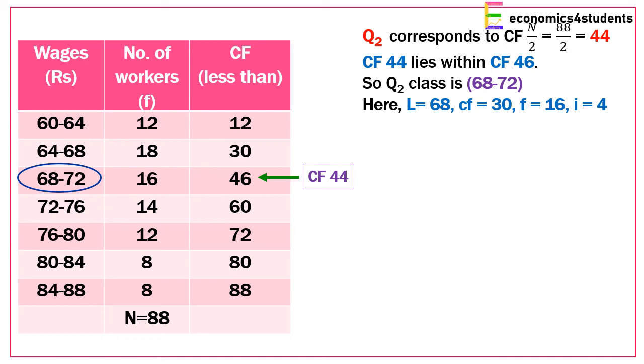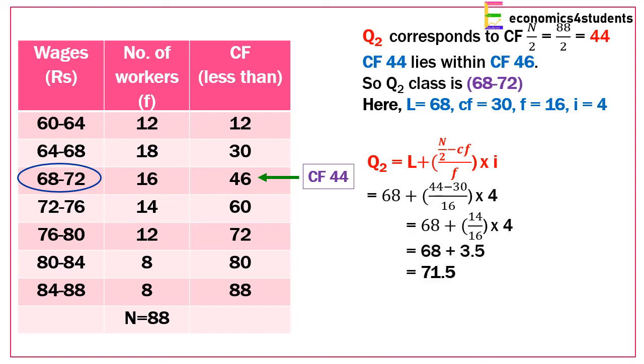So we substitute these values in the formula Q2 is equal to L plus (n by 2 minus Cf) by f into I, and calculate the value of Q2. We found that Q2 is equal to 71.5, which obviously lies in the class 68 to 72.